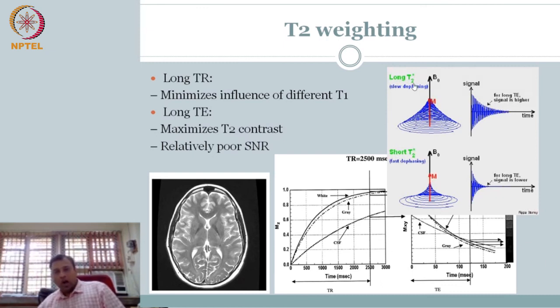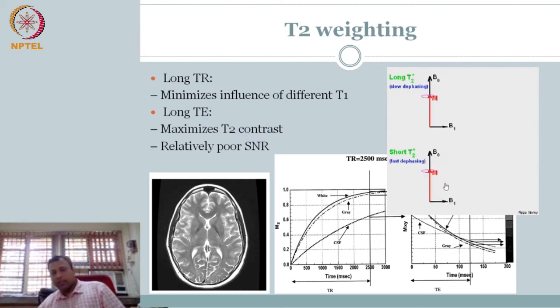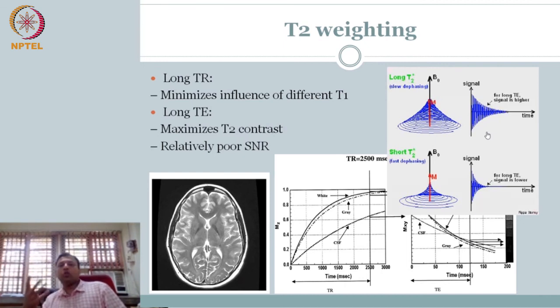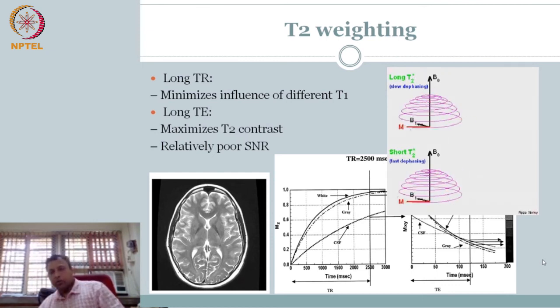If it has a long T2 star, then you might get good signal over a longer duration. If it has a short T2 star, the signal will drop abruptly, so you will have a poor signal to noise ratio. But we are interested in T2. So the T2 signal to noise ratio depends also on the T2 star property at that location. You can play the animation, rewind it, slow it down, and align it to your understanding.